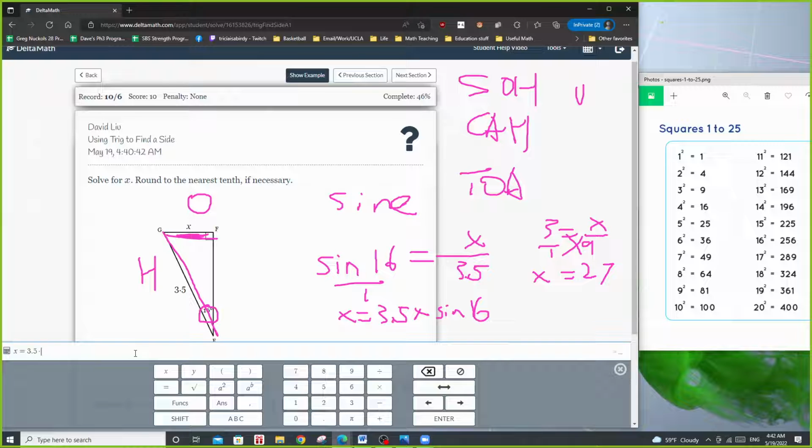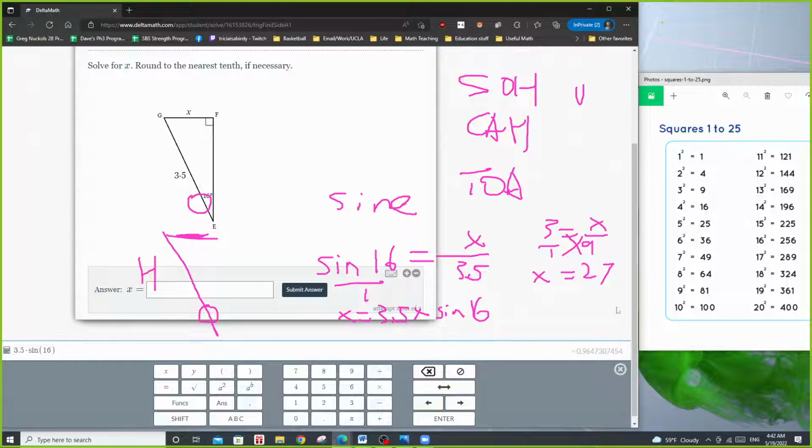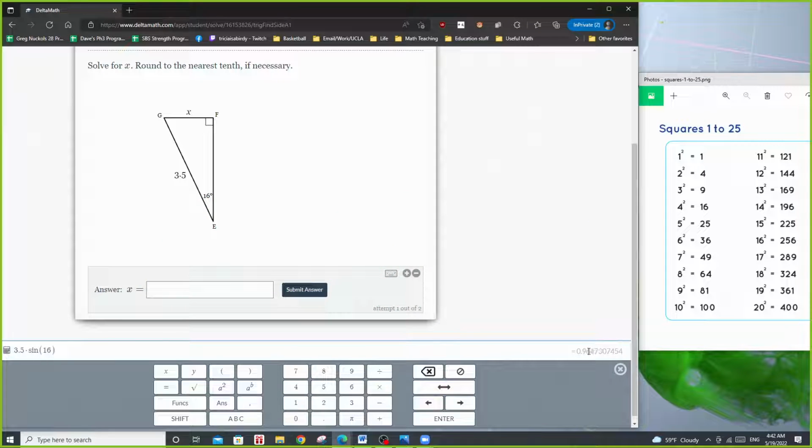So I get 0.96. Remember, we look at the 6, that means this 9 has to go up, it becomes 1, so just 1.